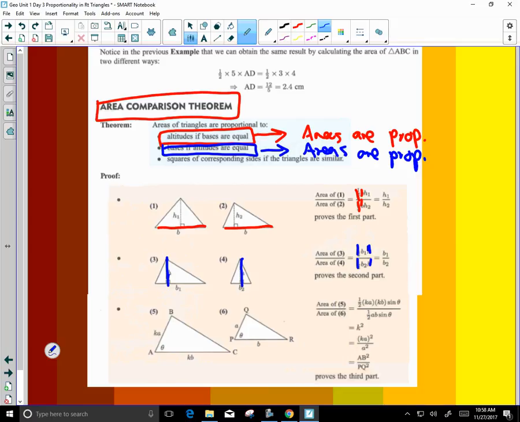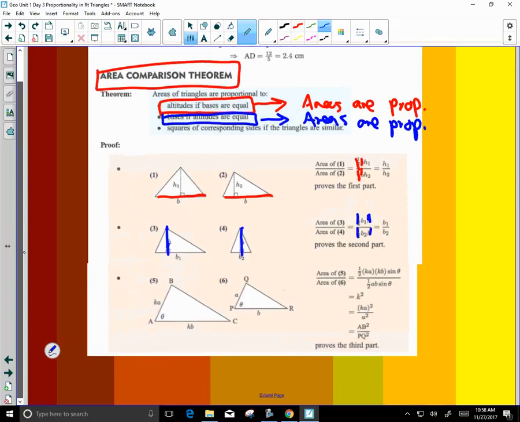So the triangles will be proportional to the altitudes if the bases are equal. They'll be proportional to the bases if the altitudes are equal. I know that kind of makes sense, but the wording is a little clunky.